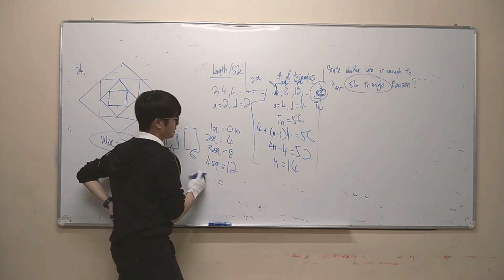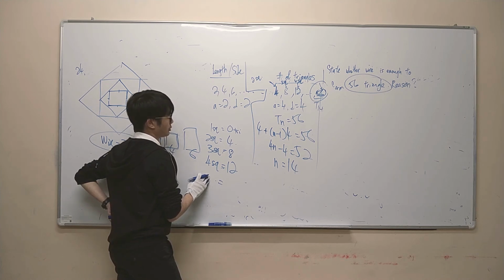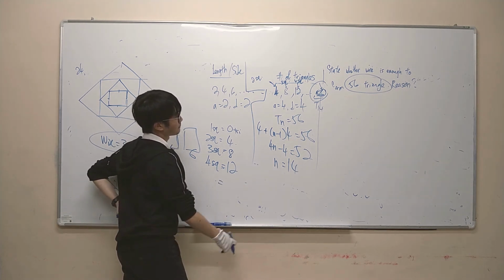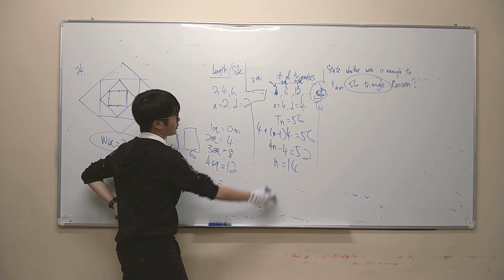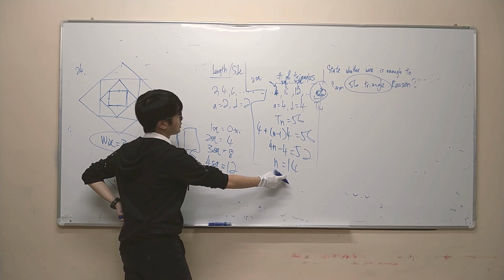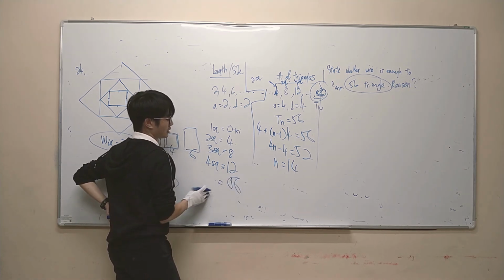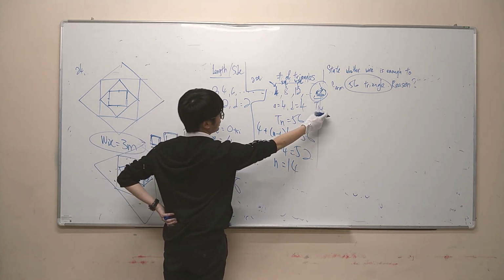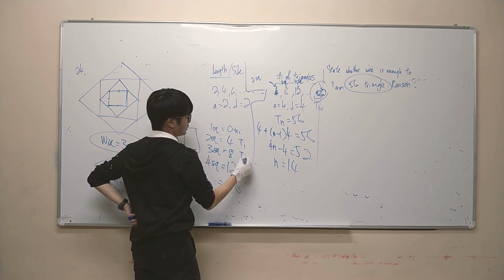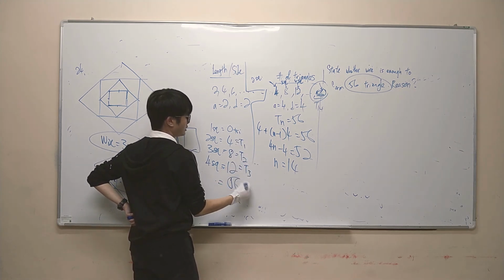Sorry, I mean, the n is 14, it means what? It means 56 is here. Alright? And n is 14. It means this is T14. So if this is T14, this is T1, this is T2, this is T3, this is T4, this is T14.